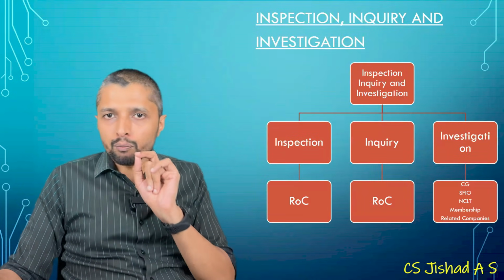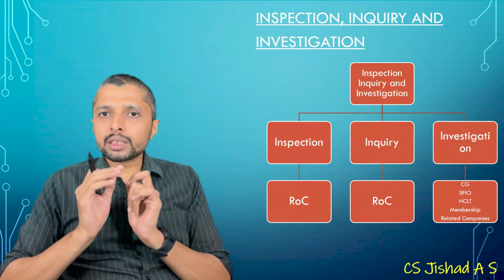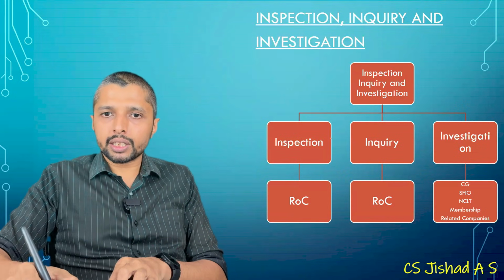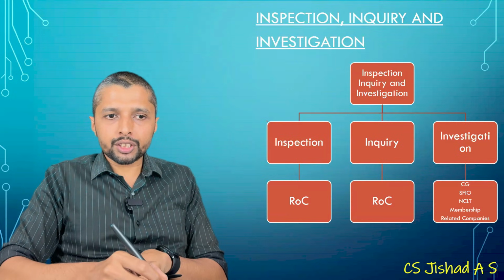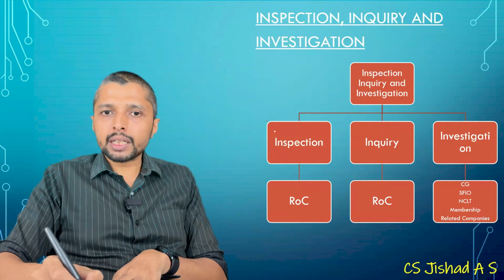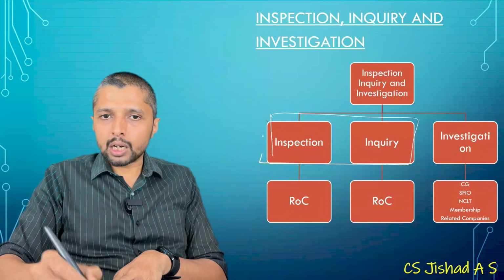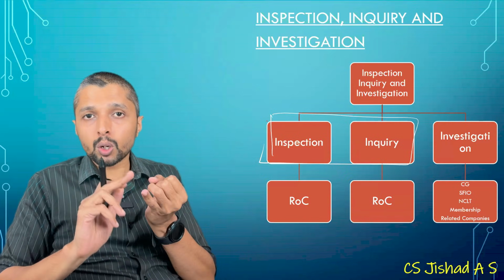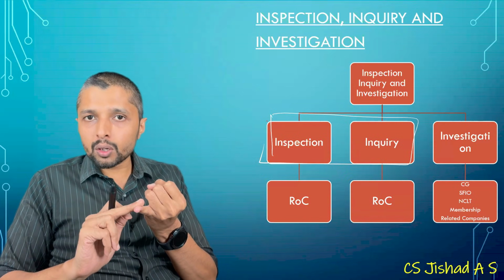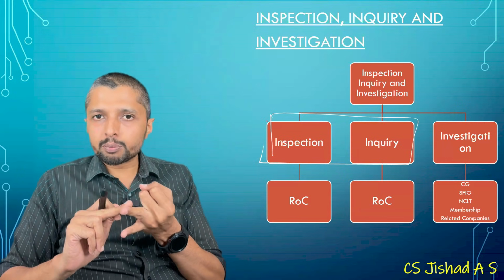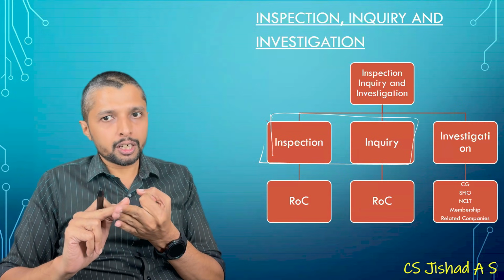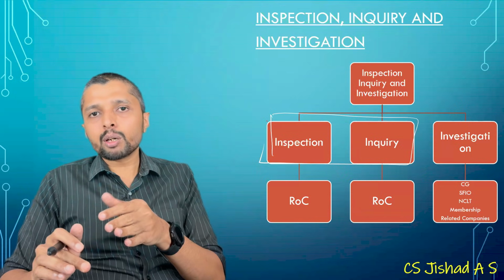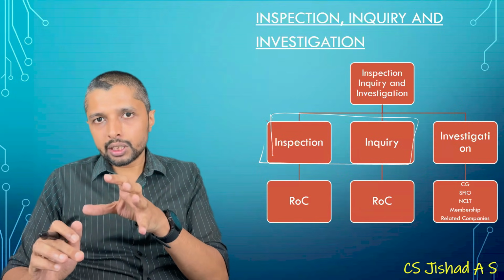Okay. Chapter 14 of the Companies Act deals with inspection, inquiry and investigation. Please note that inspection and inquiry are the power of the ROC. Under section 206, the ROC has the power to call for information and inspect books. After that comes investigation.